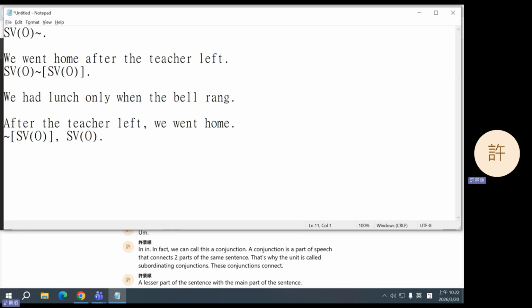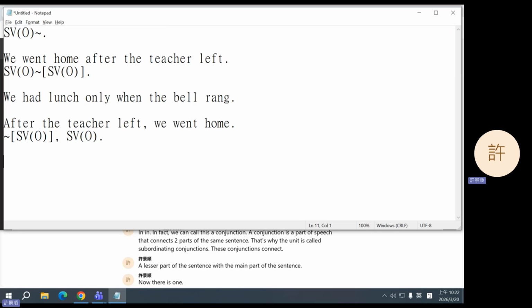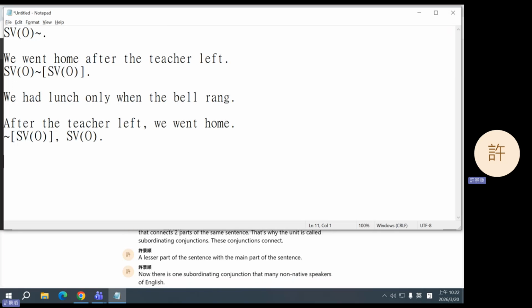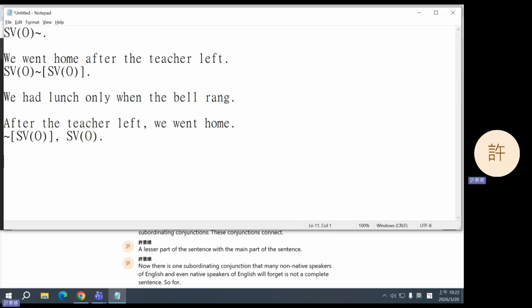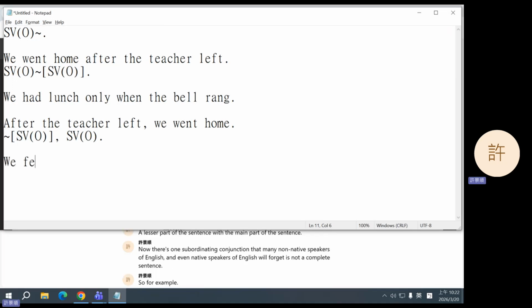Now, there's one subordinating conjunction that many non-native speakers of English, and even native speakers of English, will forget is not a complete sentence. So, for example, we fell asleep because we were tired.